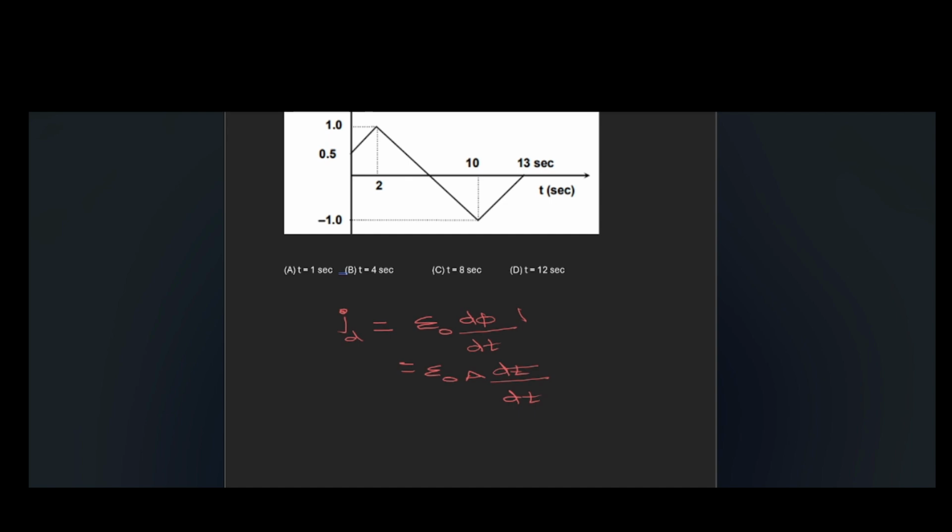and you have to find out at what time the displacement current is maximum in the circuit or through the capacitor. So the very important thing is, see in the graph, the dE by dt. The graph is drawn between electric field and time. Okay, so the slope you have to find out. Simple, easiest question.